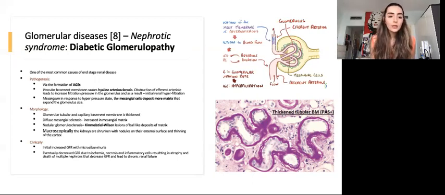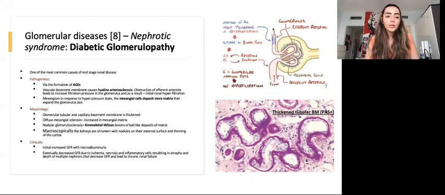The mesangium, in response to this high pressure state caused by hyalinosis of the vascular membrane, starts to deposit more matrix, and this expands the glomerulus. And then, with the high pressure state, you mostly have obstruction of the efferent arteriole, and this causes initial hyperfiltration of the kidney.